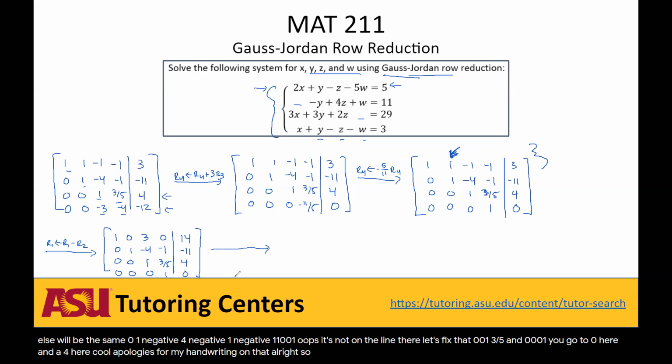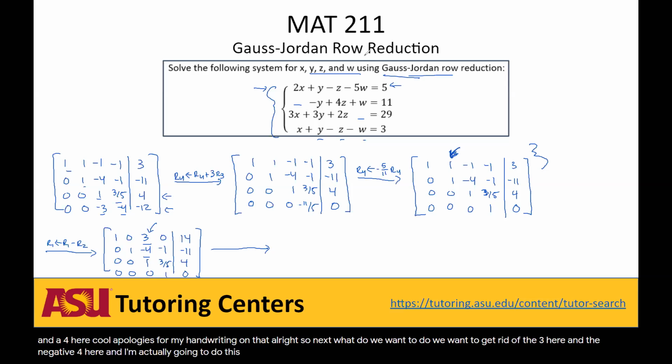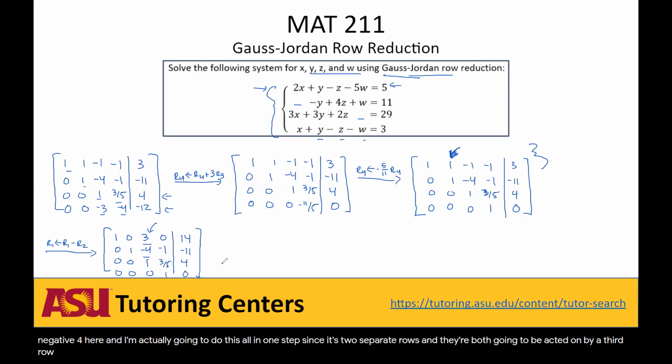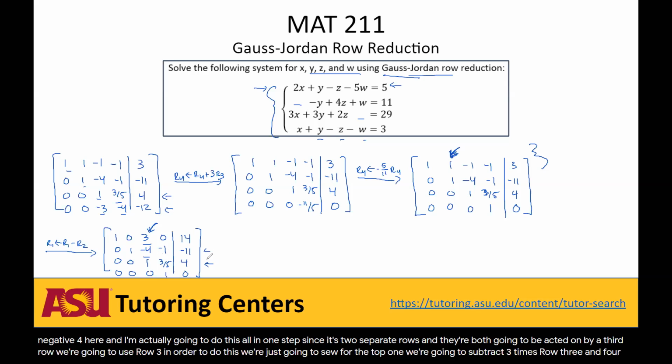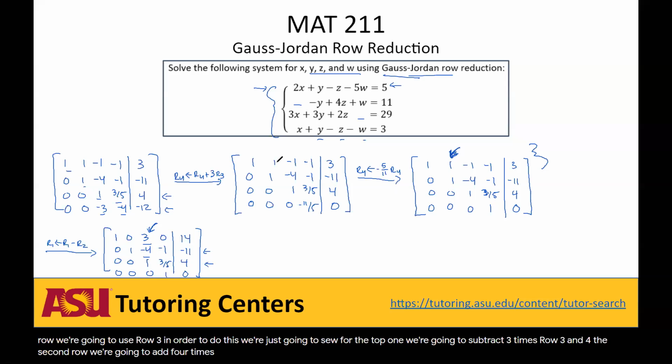All right, so next, what do we want to do? We want to get rid of the 3 here and the -4 here. I'm actually going to do this all in one step since it's 2 separate rows and they're both going to be acted on by a third row. We're going to use row 3 to do this. For the top one, we're going to subtract 3 times row 3. And for the second row, we're going to add 4 times row 3.